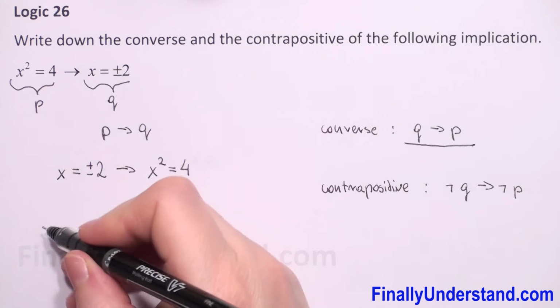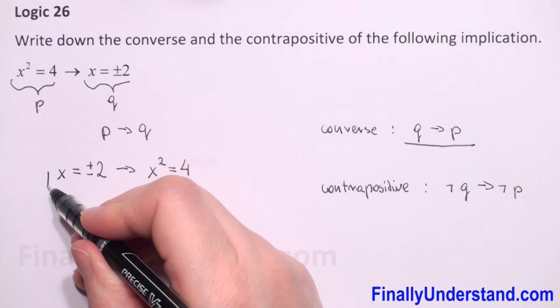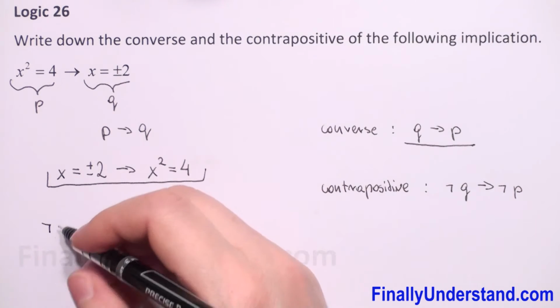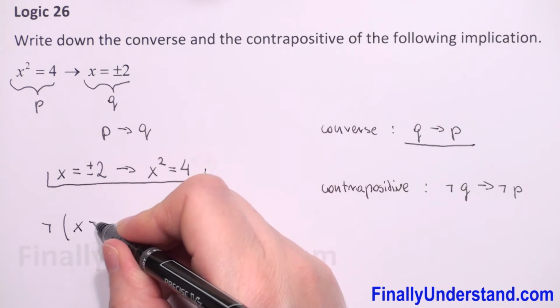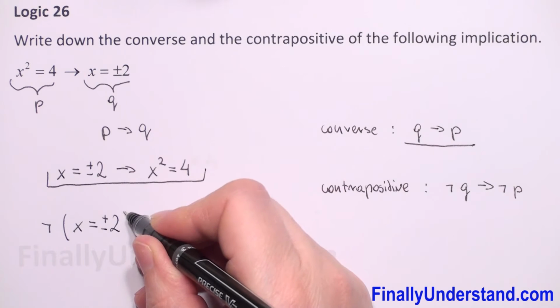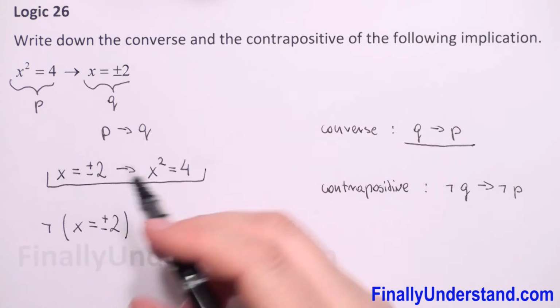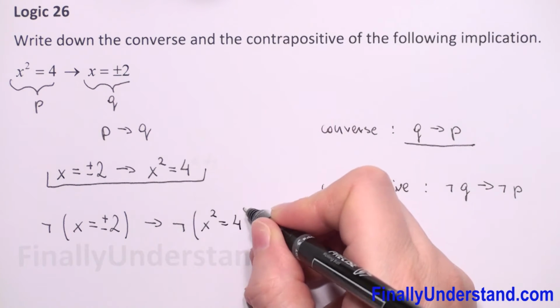So we have, let me write this. This was our converse. And now we have to find the contrapositive. So we have not q. Q is x equals 2 or negative 2, implies not p. P is x squared equals 4.